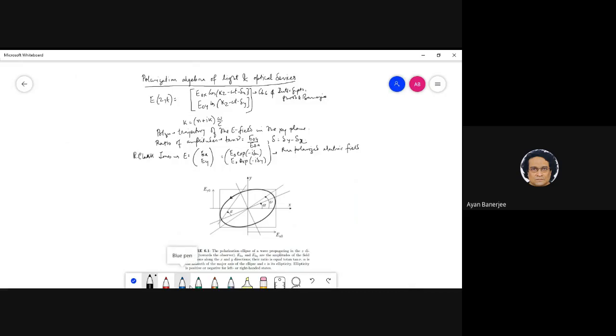I am plotting EY0 versus EX0. In general, this electric field will describe an ellipse.